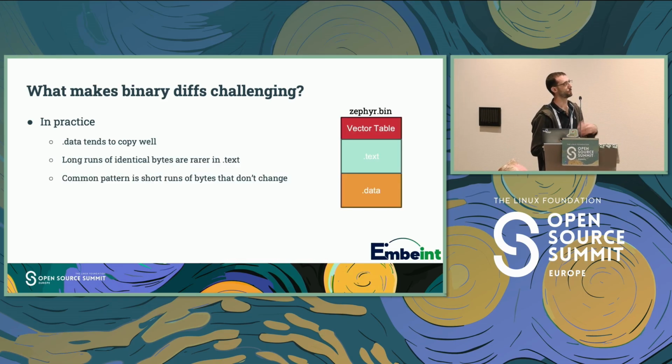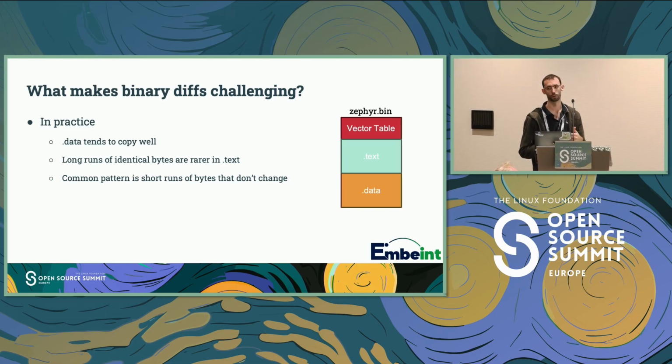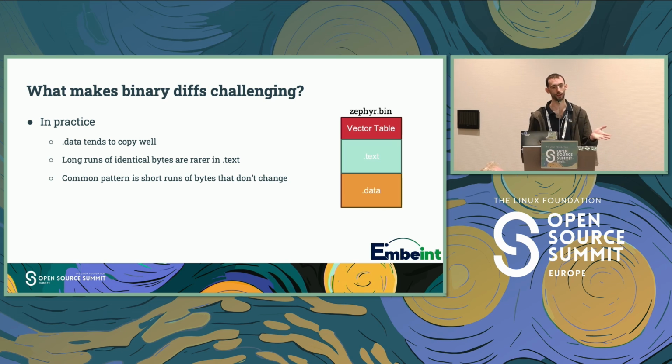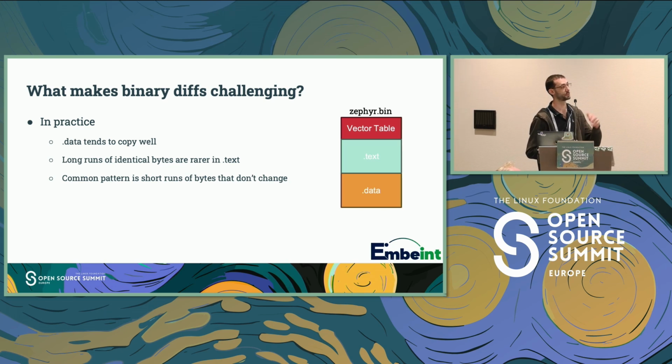So in practice, the data section, which is holding your compile time constant initialization values, typically copies pretty well because it doesn't matter where you shift that in memory, the values are still going to stay the same. But in the .text section, where you have all your program, ROM, etc., it's going to be much rarer to have huge runs of identical bytes.